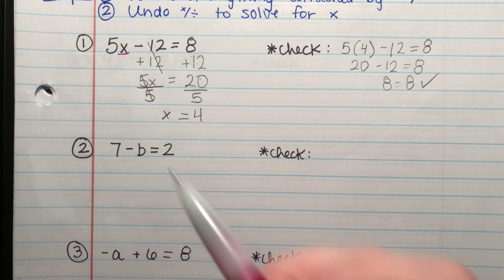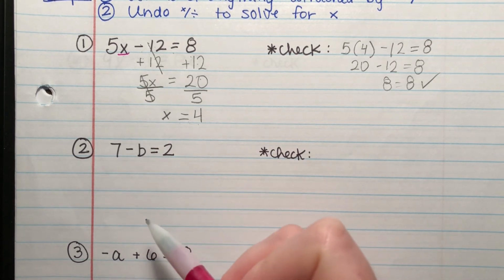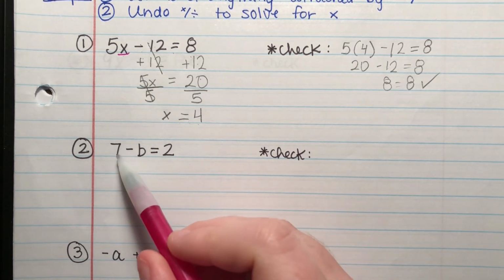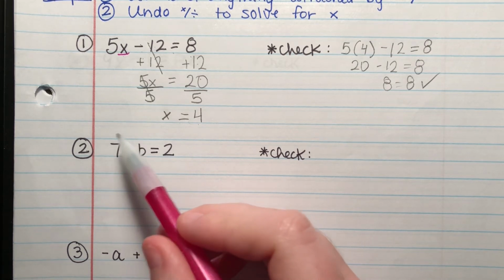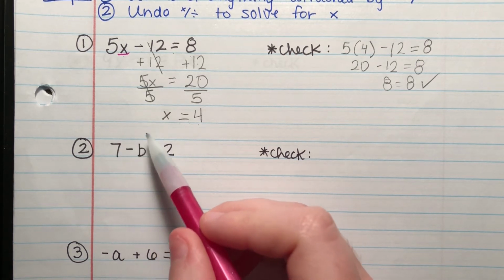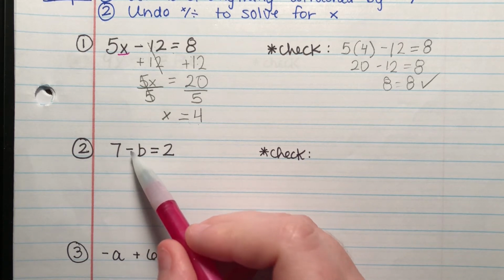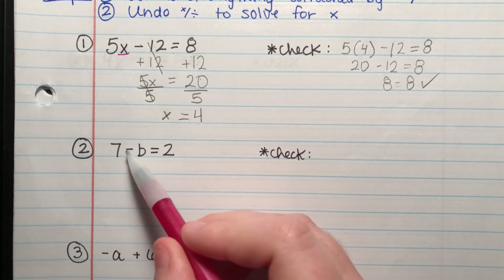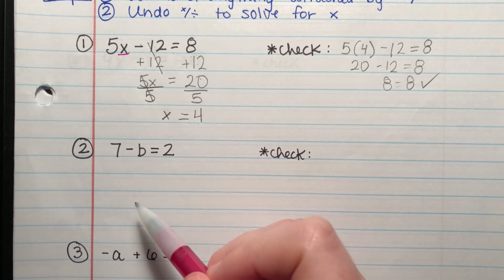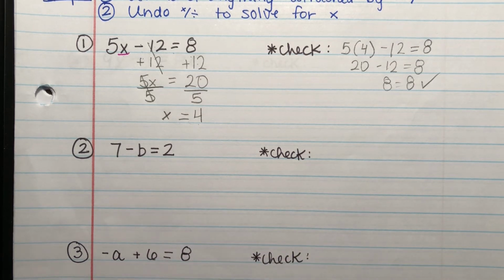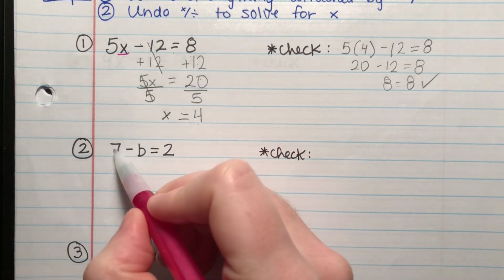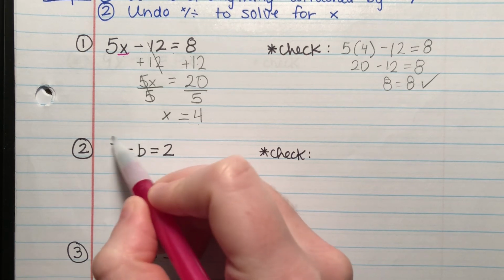All right, so I want to get b by itself over here. What is the problem with this side? What can I do to get b by itself? Well, this is connected here by an addition or subtraction sign. But don't let that minus sign fool you, right? Because here, we're going to try to move this 7 over here.